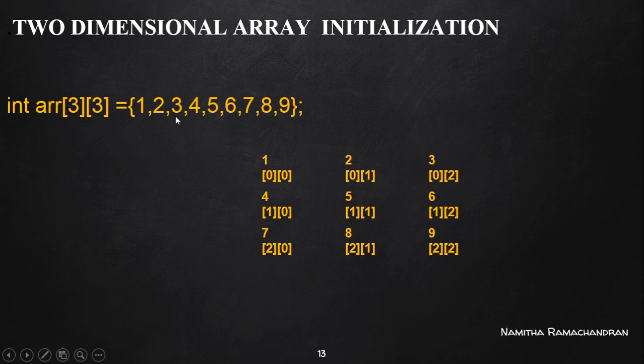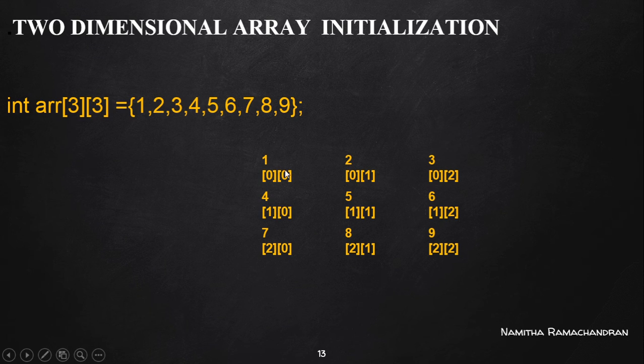So in total how many values are present? 3 into 3, total 9 values. Okay, how can we represent these values? 1 is present in 0th row and 0th column. This is the first row, this is the second row, this is the third row, but indexing starts from 0: 0th row, first row and second row. 0th column, first column and second column.